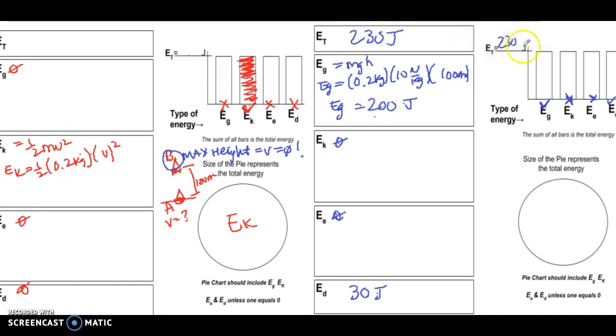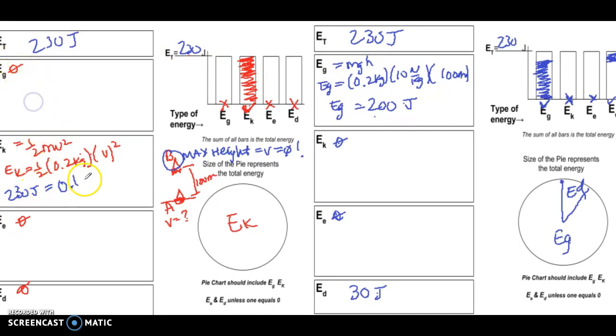You see how I had to find the total from position B. It's almost all EG and a tiny bit of ED. Now I can go back over here, and this also must be 230 joules, because that's the only energy that there is.